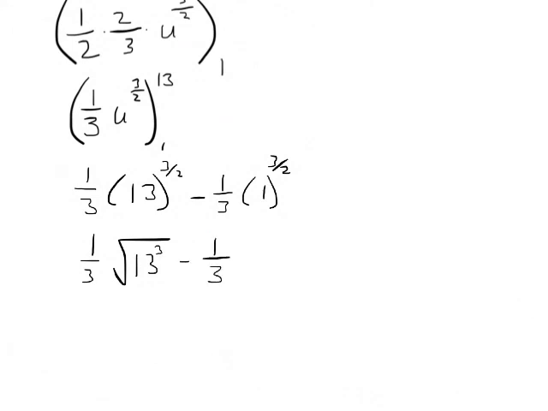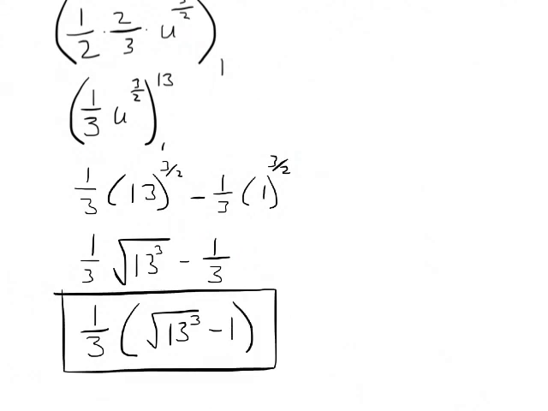And if I was going for dramatic effect, I would probably pull out the 1/3 and leave it as 1/3 times the square root of 13 cubed minus 1. And that looks good to me. Again, if this were a free response question, or if the problem had been, solve the antiderivative, find the area, find the value of the definite integral, you would get this.